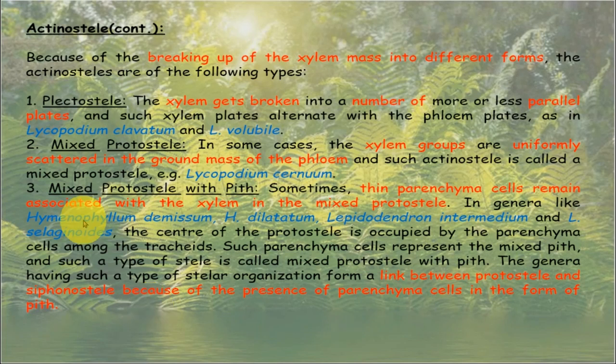So this mixed protostele with pith is the connection between protostele and siphonostele, and parenchymatous cells are the indication, because a proper pith is not present, since protostele is the stele without pith, but parenchymatous cells are present in the form of pith.